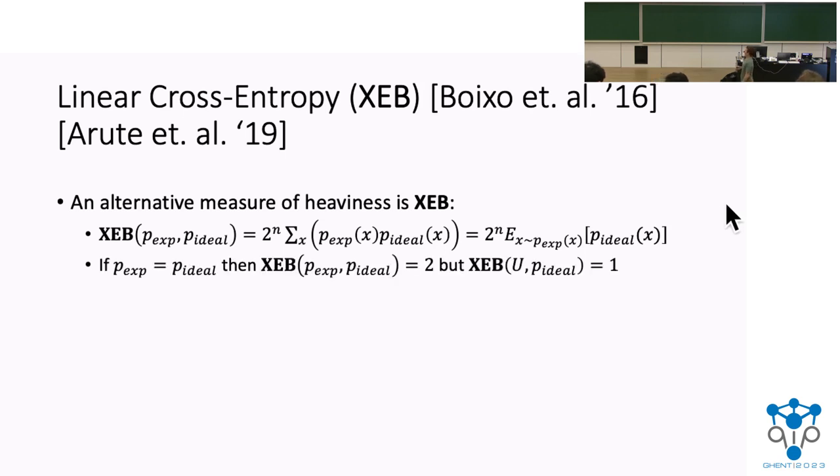Okay? And using the Porter-Thomas property, one thing we can see is if the experiment made no errors whatsoever and pexp is equal to p-ideal, then you can analytically compute that with high probability over a choice of circuit, the XEB should be 2. Okay? But if on the other hand, these two distributions were uncorrelated from each other, like for example, we were sampling from the uniform distribution, which is u in this equation, you can compute that you would get 1.